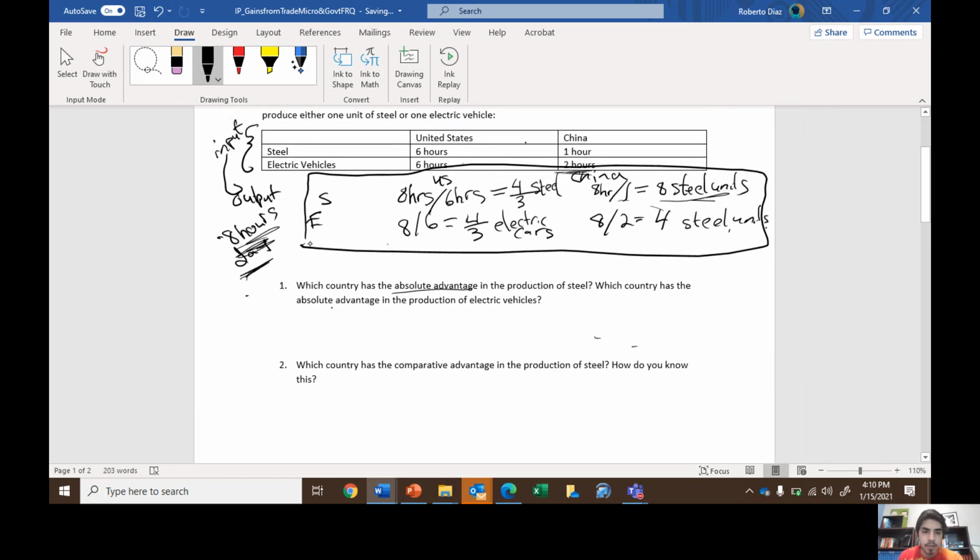So given this output table, we want to find the opportunity cost of the United States.